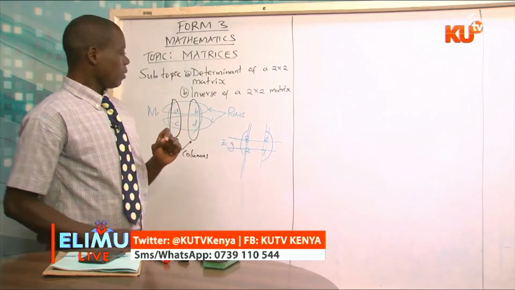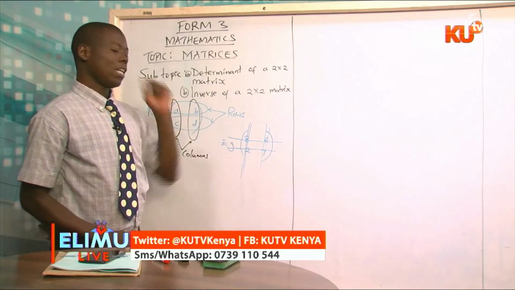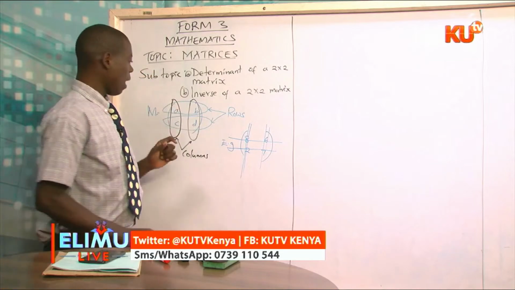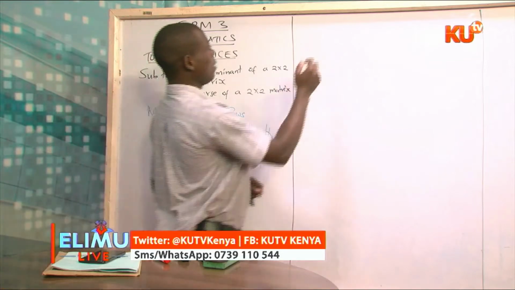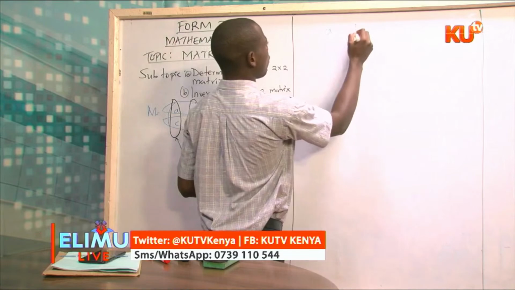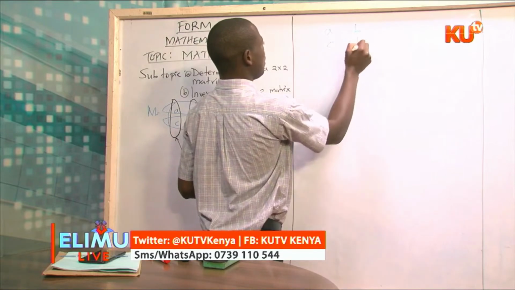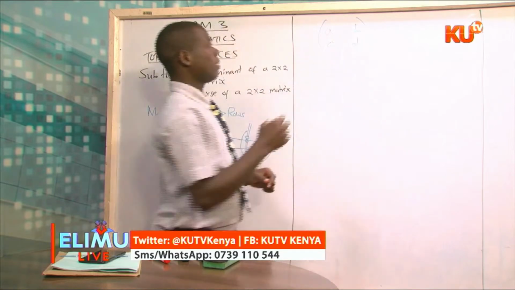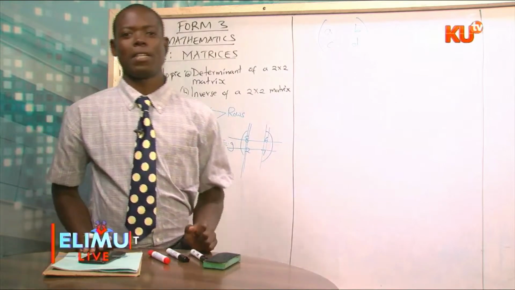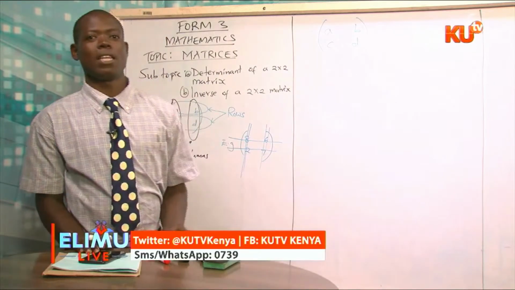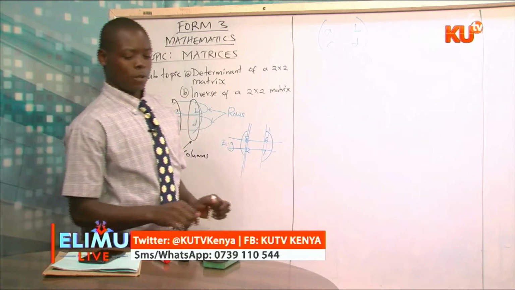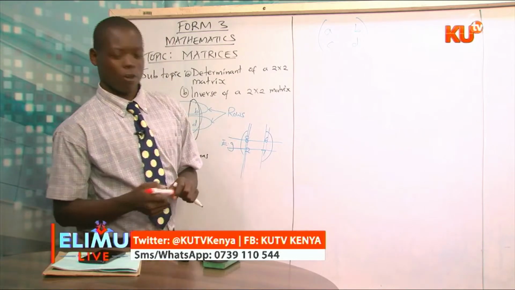Number 2, students will need also to understand that in a matrix, elements are believed to be in diagonals. So A, B, C, D, we can also explain the arrangement of elements in a matrix to be in diagonal form. What do we mean by diagonal arrangement?